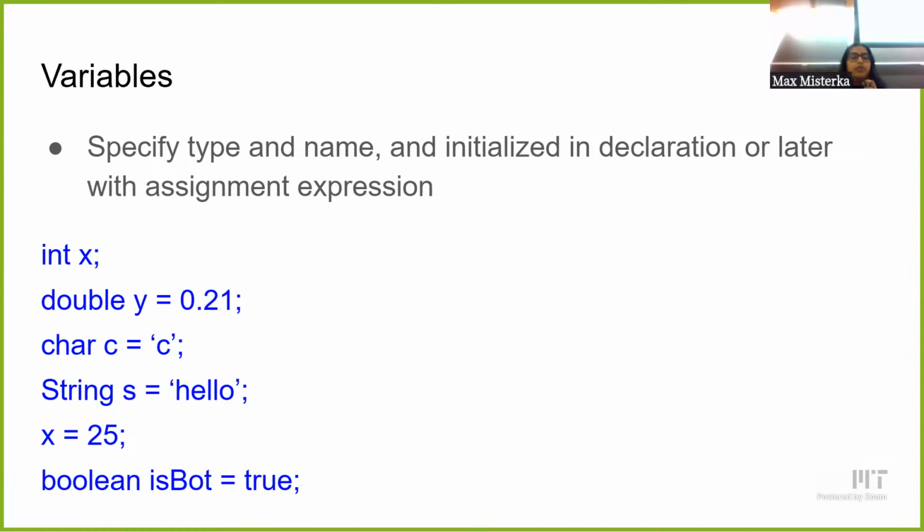So that's one example, but we also have double y equals 0.21, string s equals hello, boolean isBot equals true. Something important to note is that there is a semicolon at the end of every statement. That's a part of Java syntax.